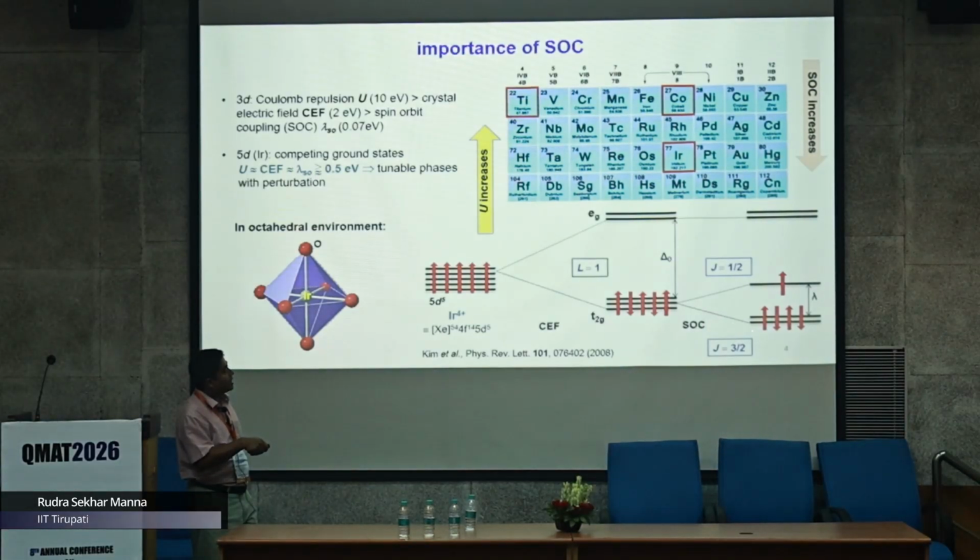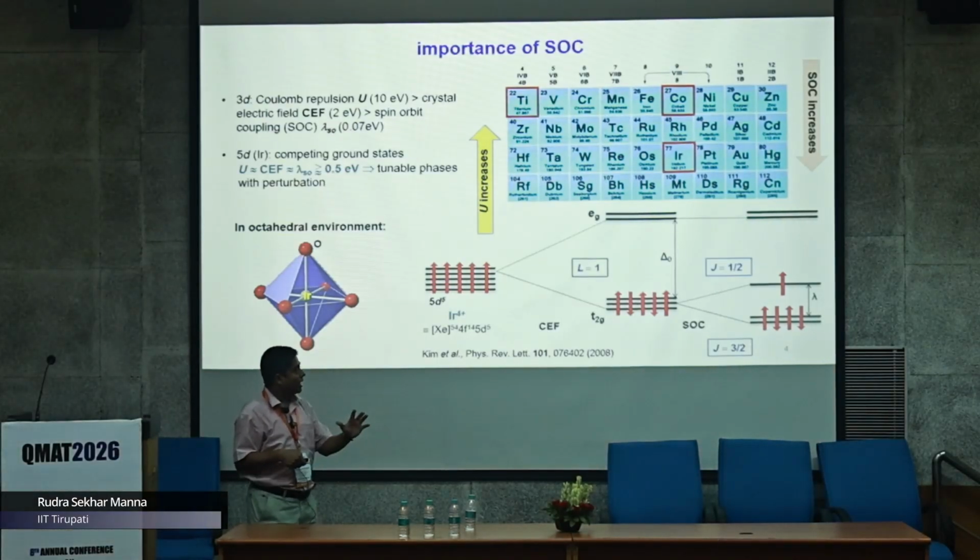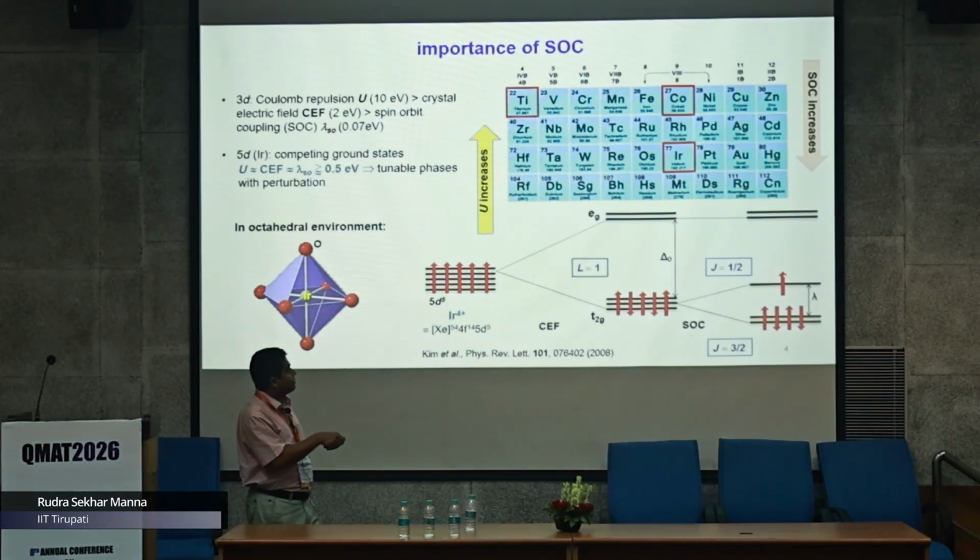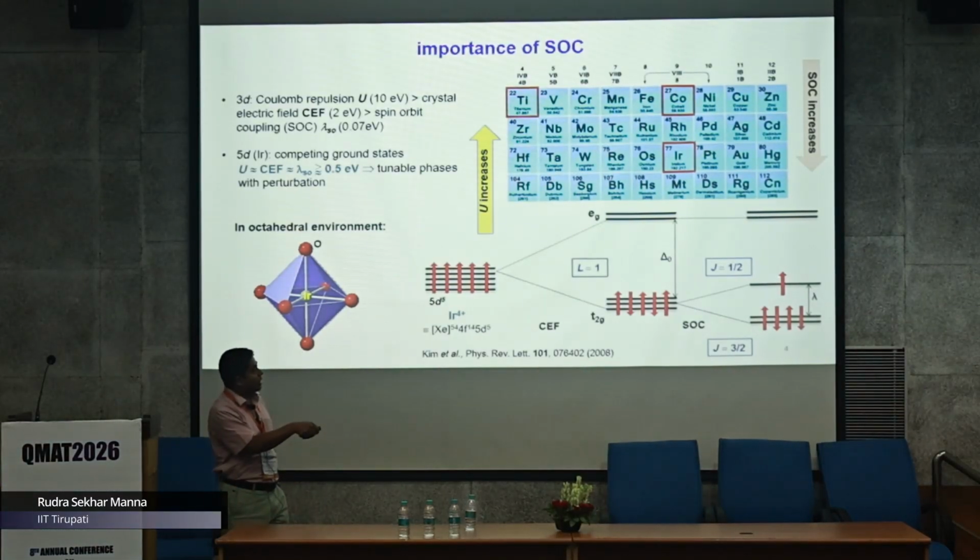Because of the spin orbit coupling, you can have a J 3/2 state, where you can accommodate 4 electrons. And then you have 1 electron in the other state, since you have 5 electrons in the system, so that means you are effectively left with J effective 1/2, basically.